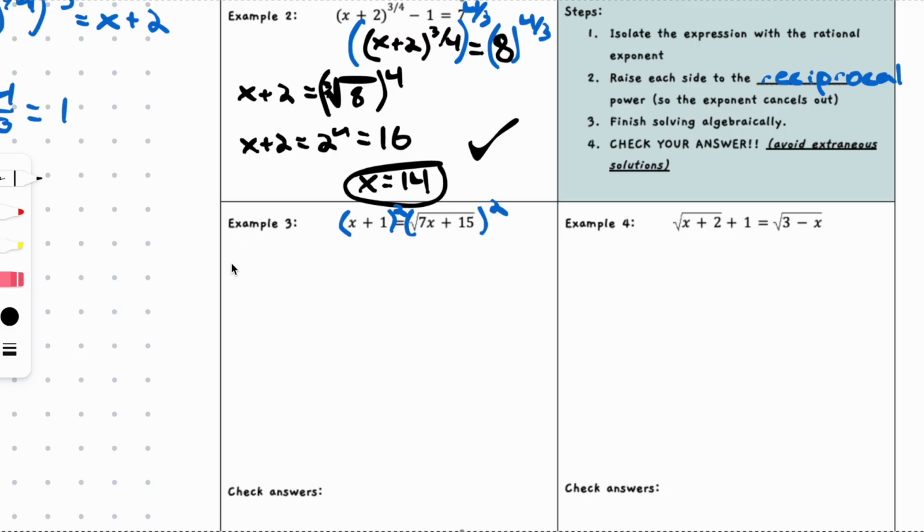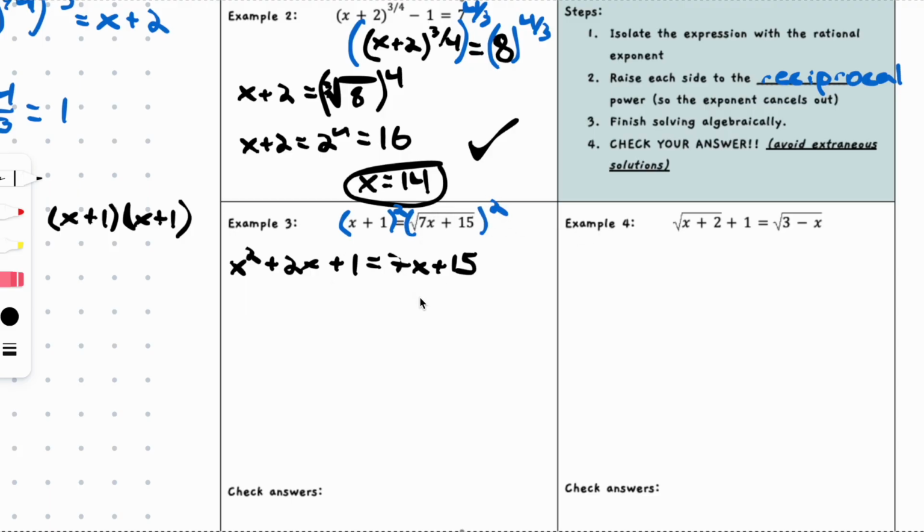And when we FOIL it out, you can do x plus 1 times x plus 1 and do each step. But we're going to get x squared plus 2x plus 1. And that's going to be equal to 7x plus 15, because squaring it cancels out that radical.